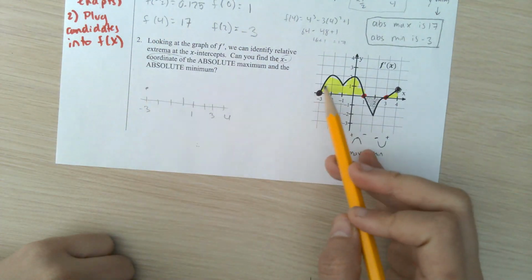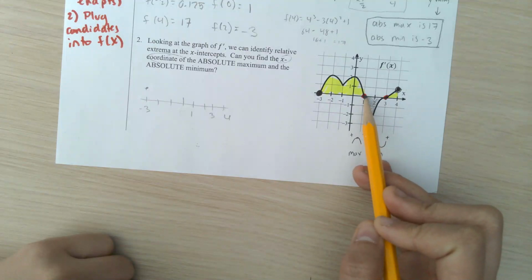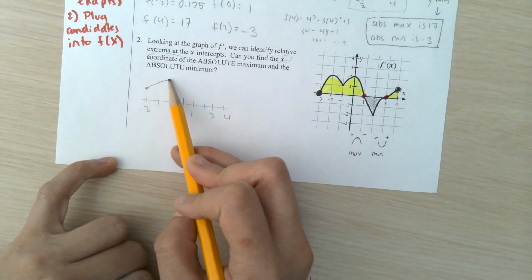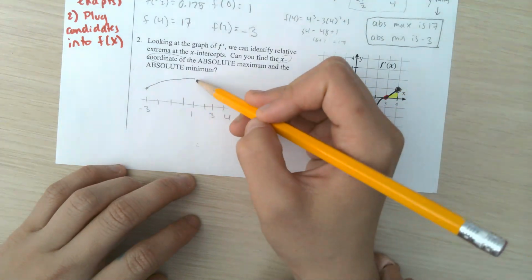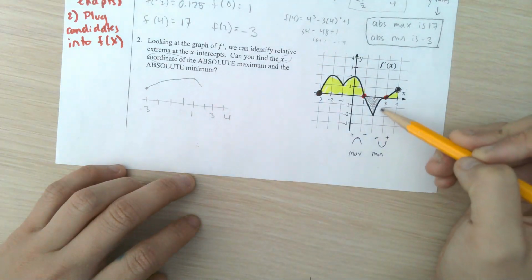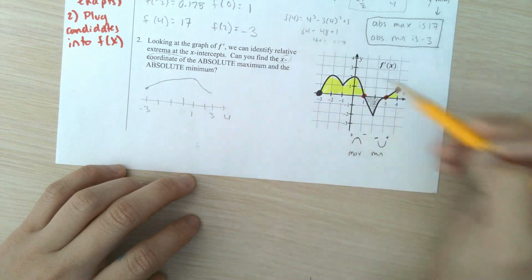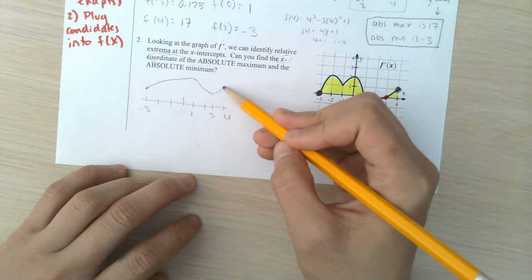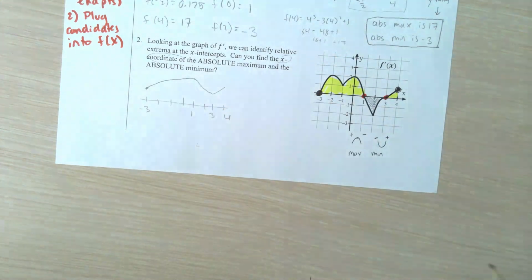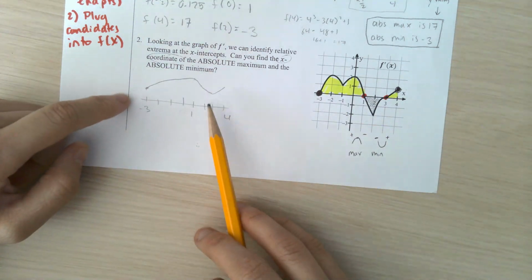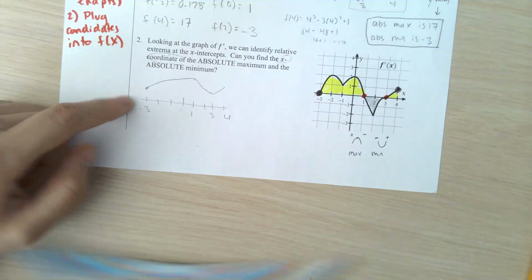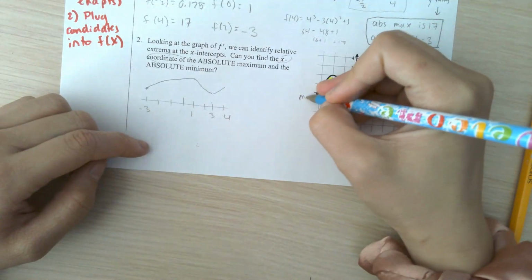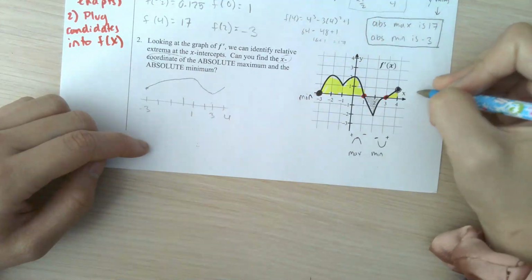We're increasing until we hit 1, right? And then we're decreasing. So we hit 3. And then we're increasing. So from this, we can tell that this is a min. And this is a max.